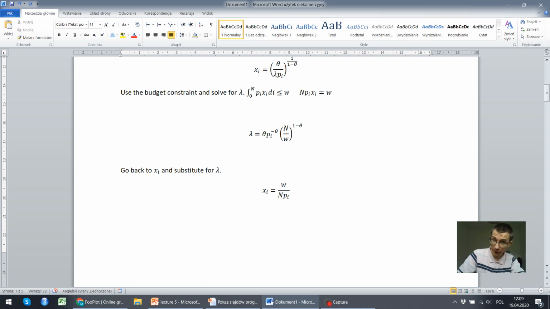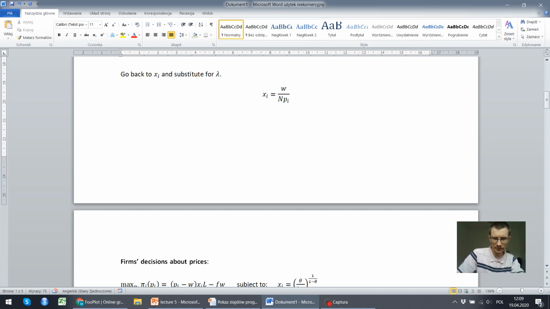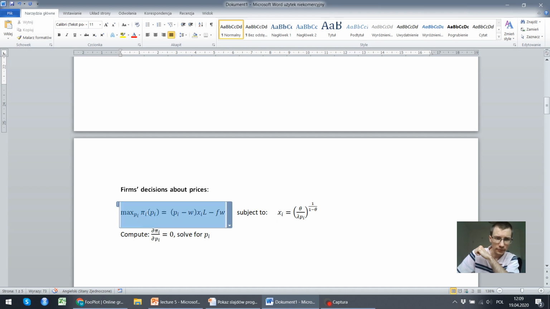Now, the second part of Krugman's model is the firm's decision. So what about the firms which are monopolistic and competitive? We know two things about those firms. First of all, they want to maximize their profit.